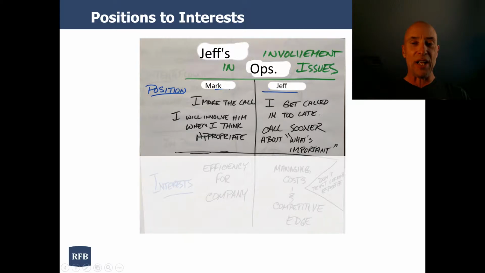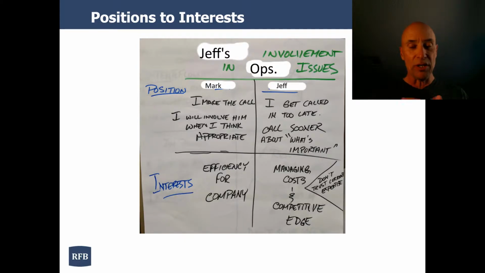And that's when they talked about efficiency. That was Mark's. Basically, for me to try to come find you, Jeff, and to keep track of all these things that you think might be important slows me down. And I want to work in a way that's efficient. Okay. Jeff says, well, you know what?